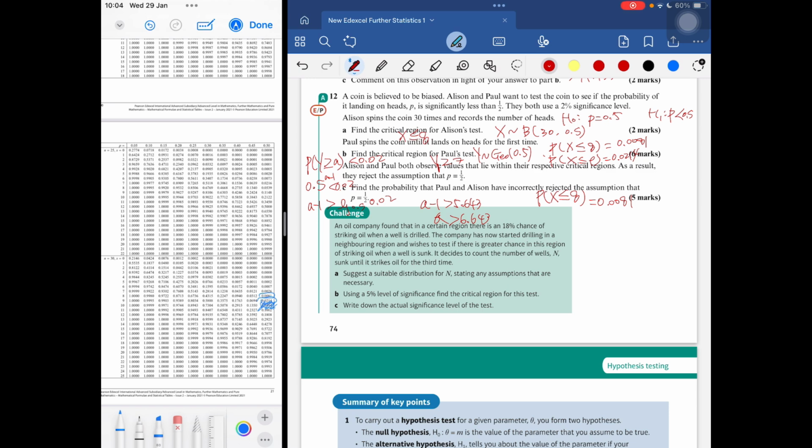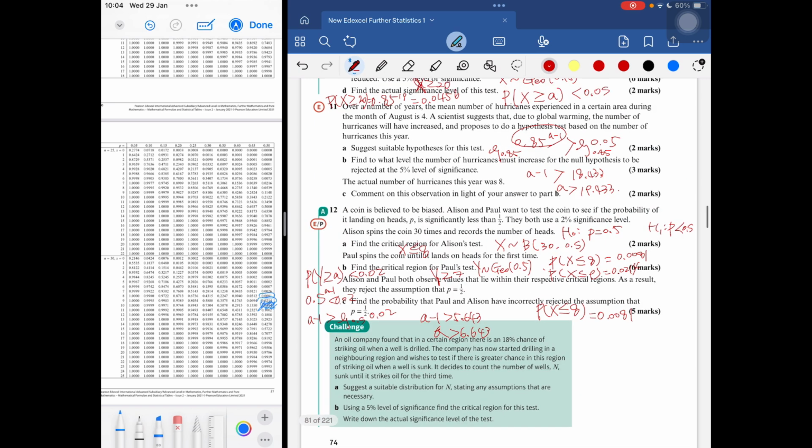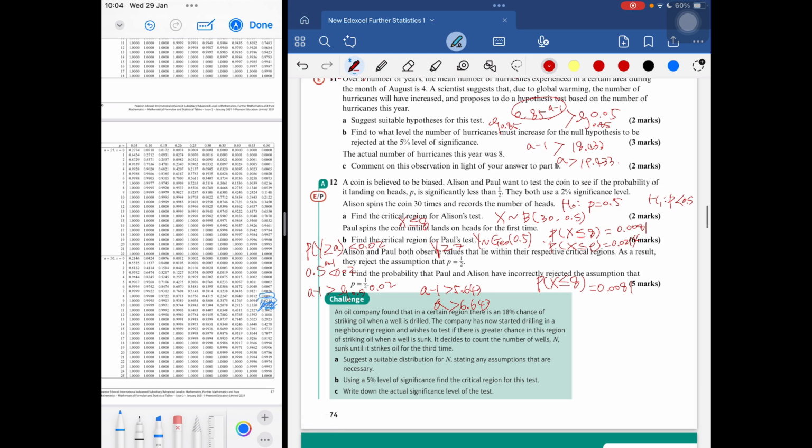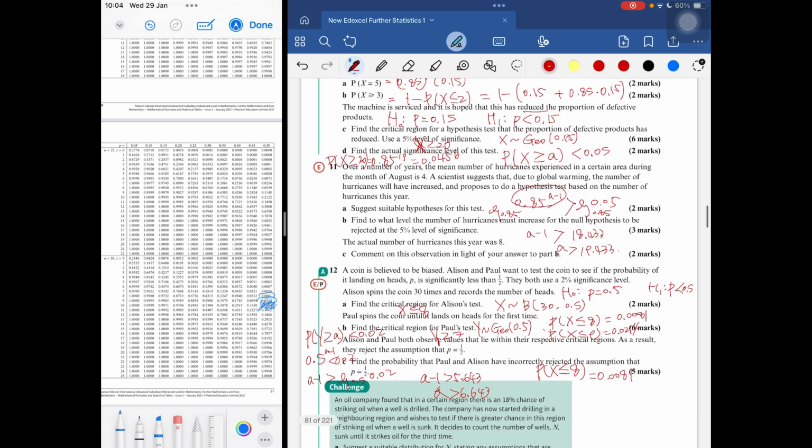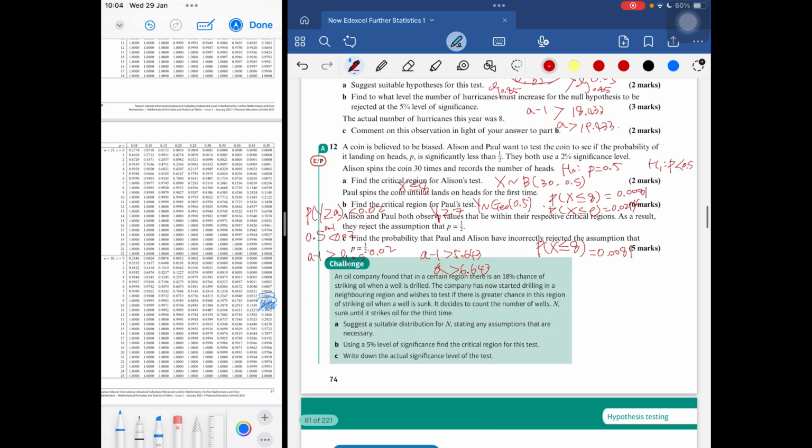So actually this question is just about the actual significance level.